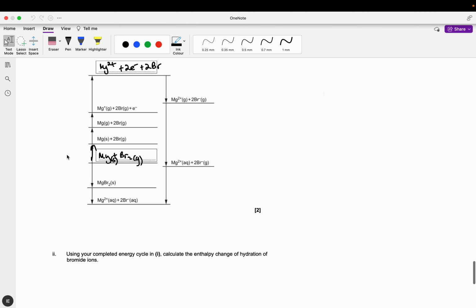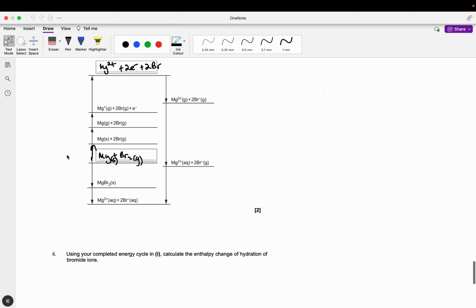The first one is the lattice enthalpy of dissociation, which is when your solid ionic compound gets broken down into its gaseous ions. So not into its aqueous ions, into its gaseous ions. This is the lattice dissociation enthalpy. Enthalpy of hydration is when your gaseous ions turn into aqueous ions.